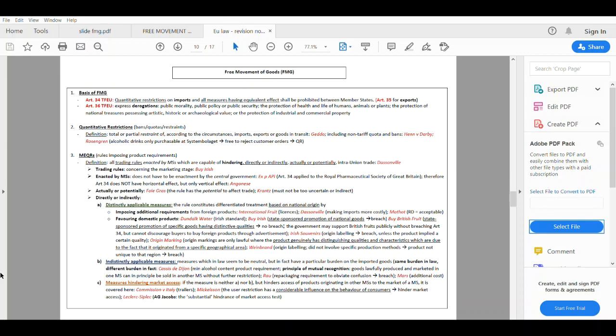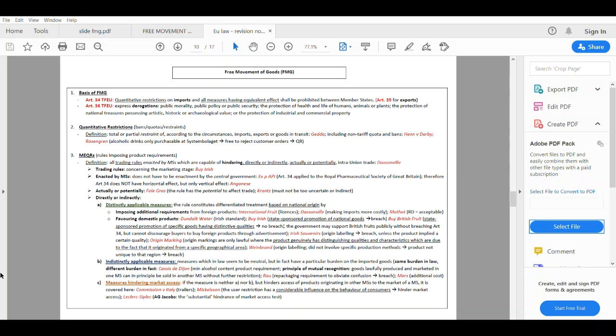If your answer is yes, then it's a product requirement, and if not, it's a selling arrangement. However, it should be noted that not all selling arrangements fall outside the scope of Article 34, as you can see from the case of Keck, where it was said that certain selling arrangements are not subject to Article 34.